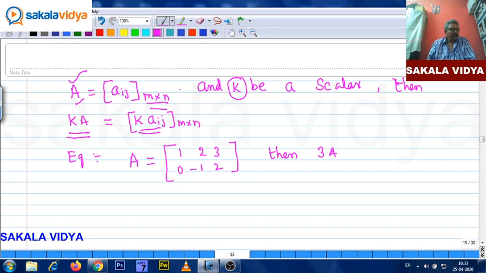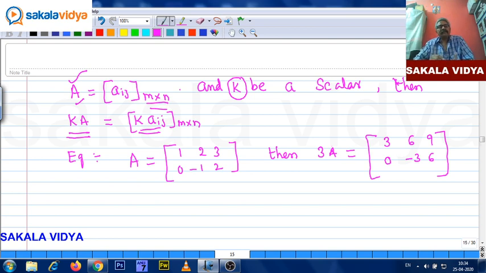So 3A equals 3 times 1 gives 3, 3 times 2 gives 6, 3 times 3 gives 9, 0, minus 3, 6. We need to write like this. So if you want to multiply any matrix with a scalar, each and every element of that matrix is multiplied by that scalar. This is called scalar multiplication of a matrix.